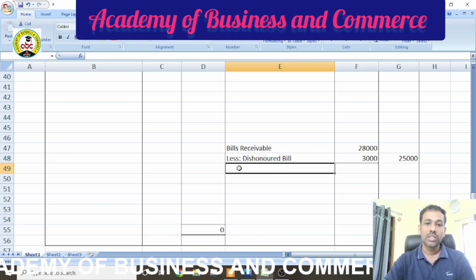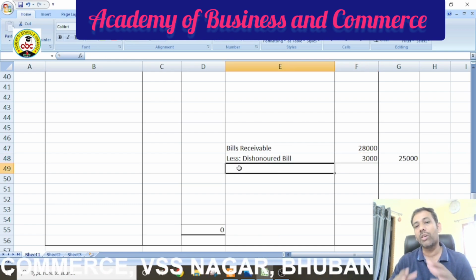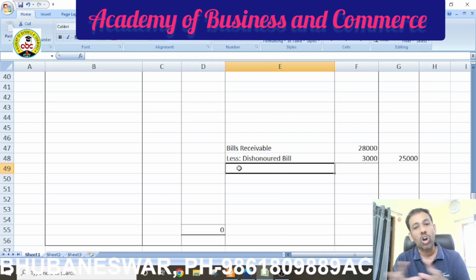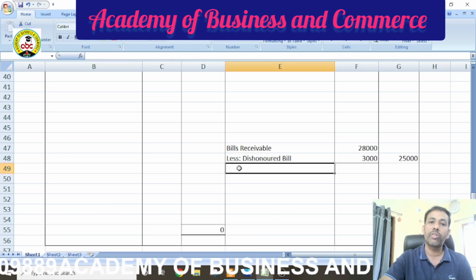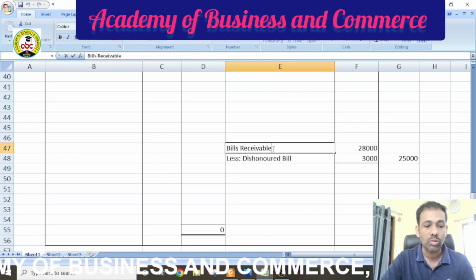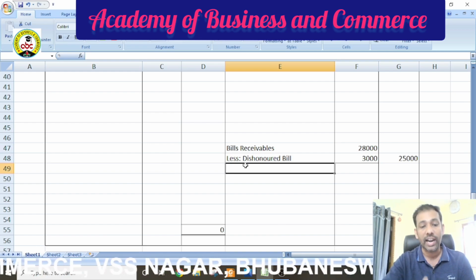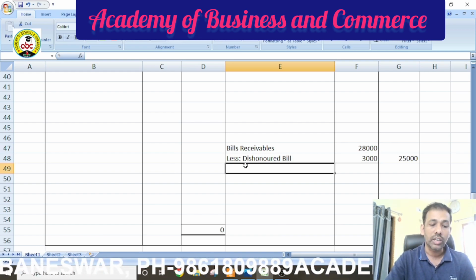Similarly, when bills receivable includes an amount that is not collected due to dishonor of the bill, that amount is excluded from bills receivable, and immediately you have to add it to your sundry debtors, because we have to receive that amount later on. So when a bill is dishonored, it is transferred to the sundry debtors account.